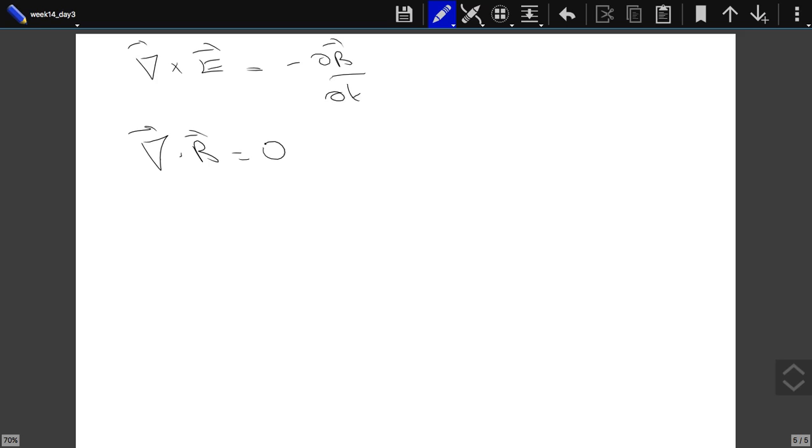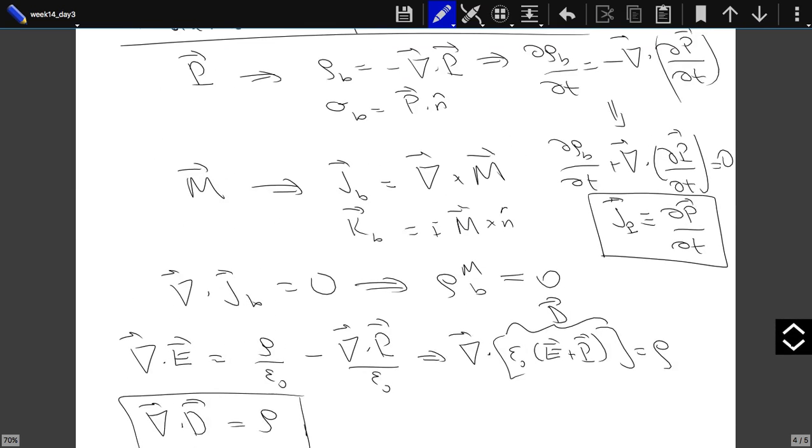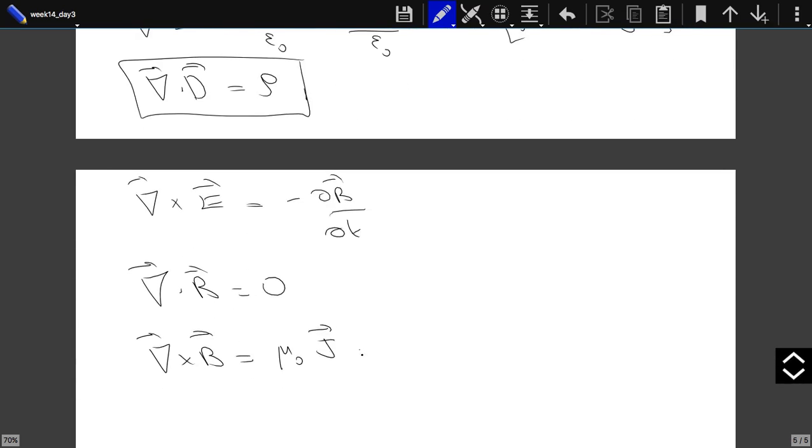And now finally we have the curl of B, which is equal to mu 0 J. But if we are talking about matter, there is also an additional contribution due to the polarization. We have the polarization current, mu 0 del P by del t.